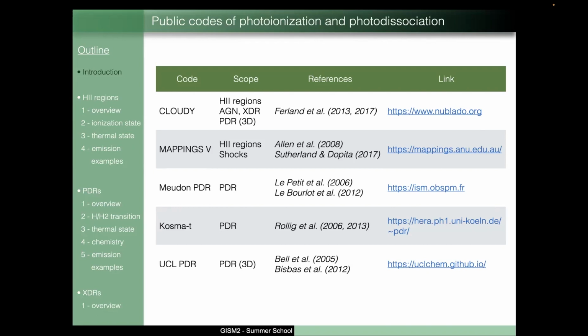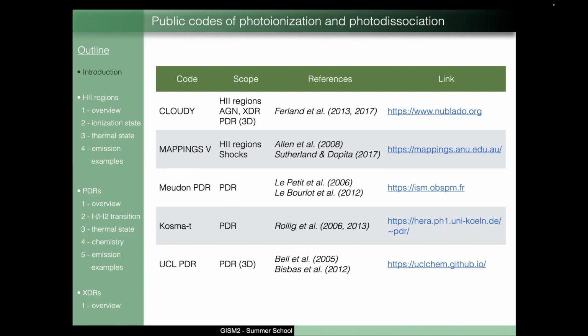So a lot of effort has been dedicated to that. And here, I just give you a list of the main codes for photodissociation and photoionization regions that are currently public. There is the Cloudy model, the Mappings 5 code, the Meudon PDR code, the Cosmato model, and the UCL PDR code. Obviously, all these codes have their own specificities, their strengths and weaknesses.